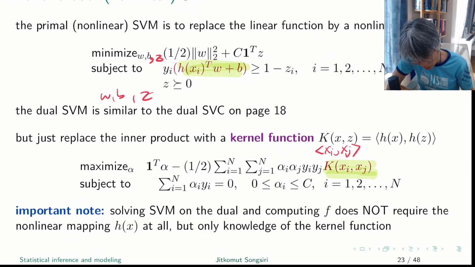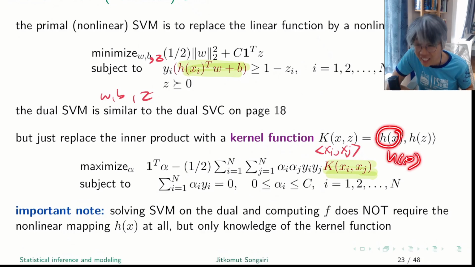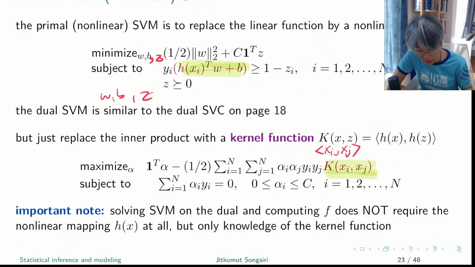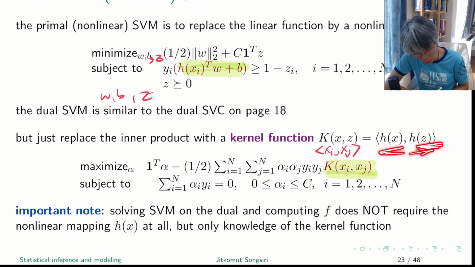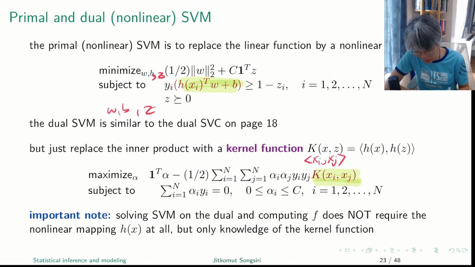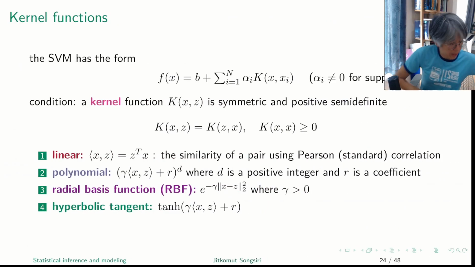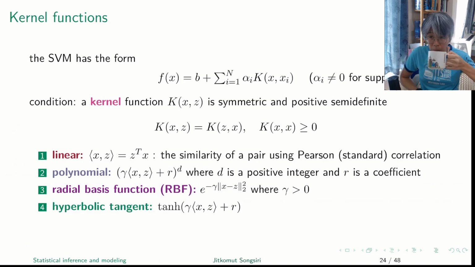In the dual, you don't actually need to compute the value of h(x). You don't need explicit knowledge of the nonlinear mapping. Only the kernel function, which is the inner product between nonlinear function values, is required. This is the important note. Let's take a look at the kernel function properties.